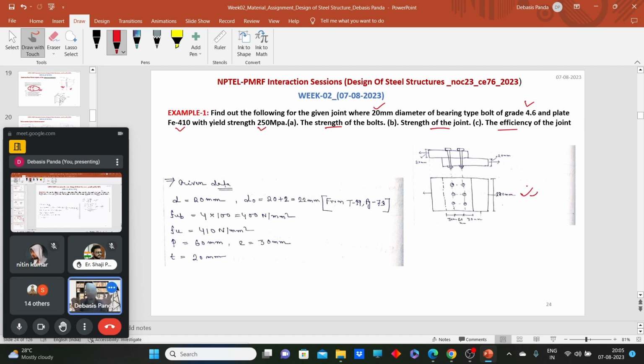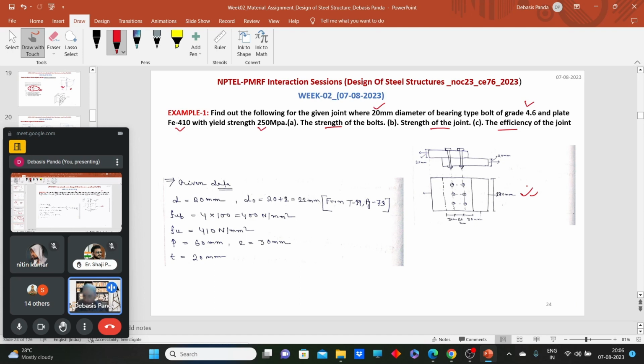So now try to understand the problem. You have a connection, you know the grade and diameter of the bolt, and you know everything about the plate. Now you need to calculate the strength of the bolt, strength of the joint, and efficiency of the joint. So first, what do I need to calculate?